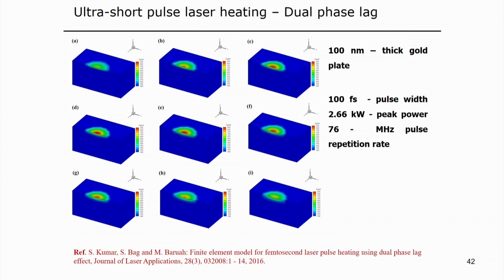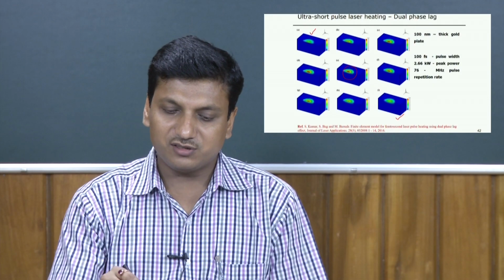So, further analysis on laser micro welding, but in this case the ultra short pulse laser heating process using the dual phase lag effect. Since there is a phase lag, if we observe the figures, from the first figure to the last figure, the peak temperature achieved is somewhere in between, maybe in figure E the peak temperature is achieved, but in this case the depth of penetration is low as compared to the last one.